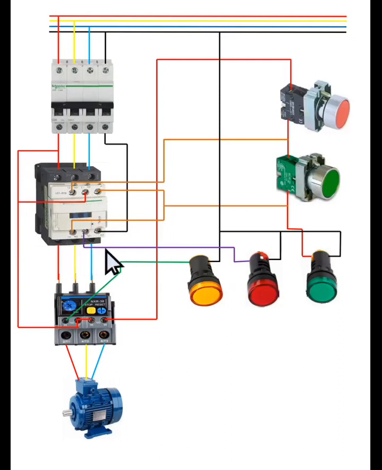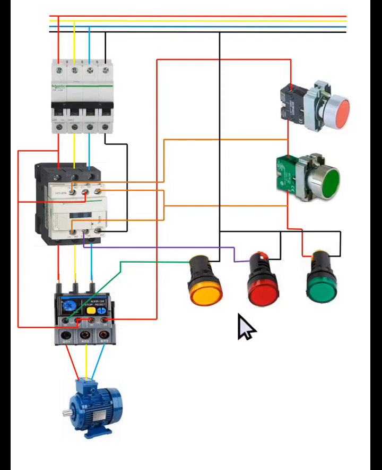You see, to energize this will come on, telling us that the contactor is off. Now when the trip light comes on, it means the overload has tripped, and here it has become normally closed. So the current flows from here, you see, to the green wire, and here. So I believe it's self-explanatory.